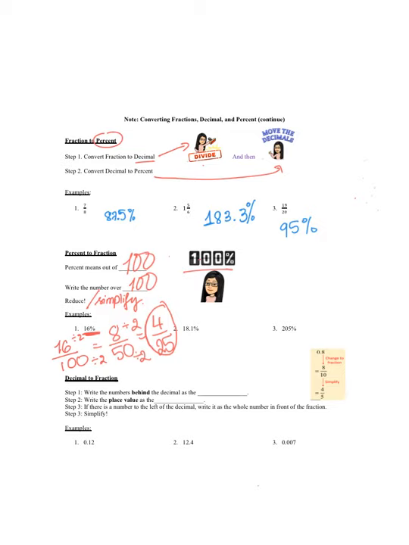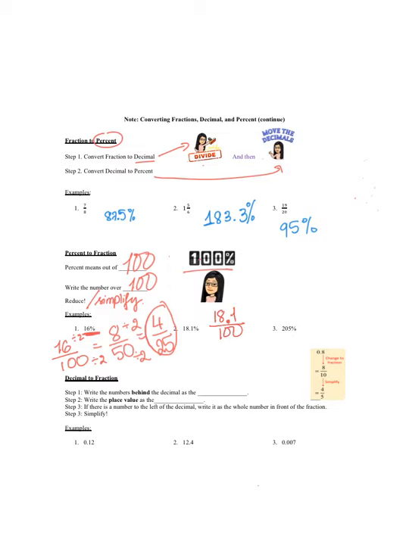Number 2, 18.1%. So, percent means out of 100. But we cannot have a decimal in a fraction. So I need to get rid of the decimal.